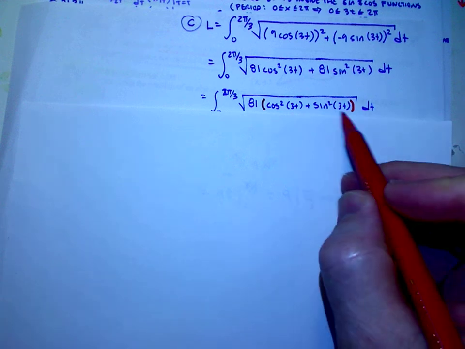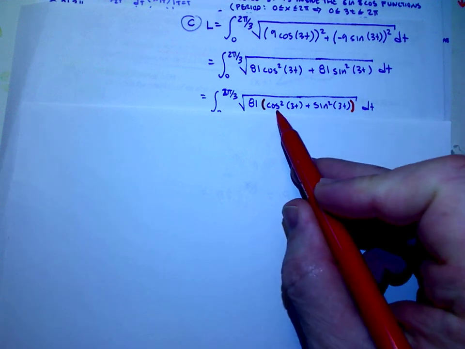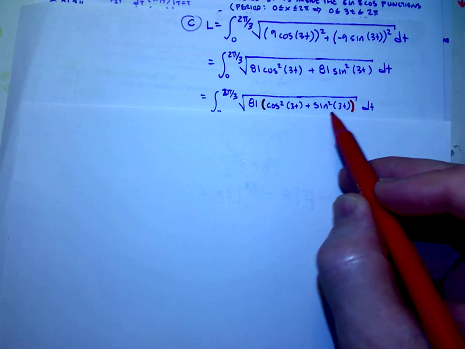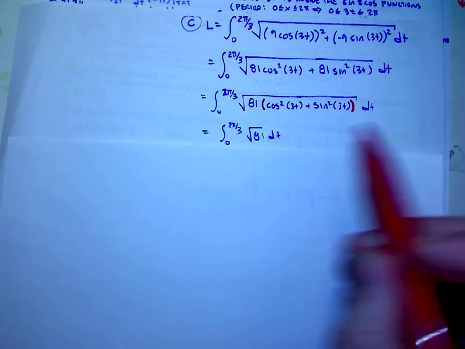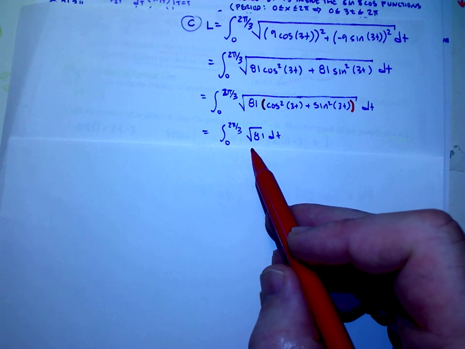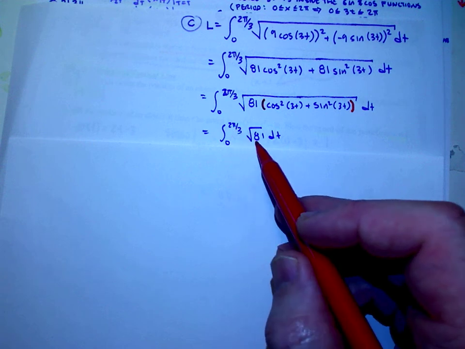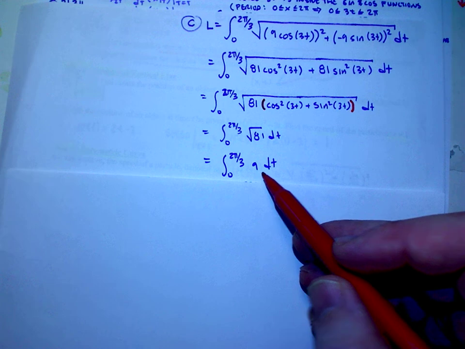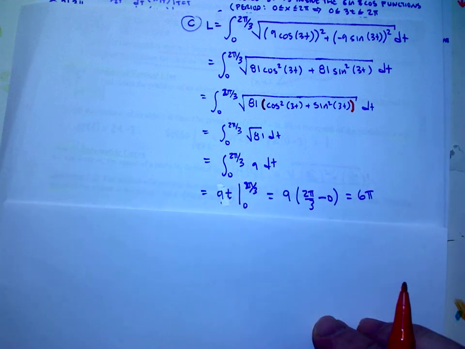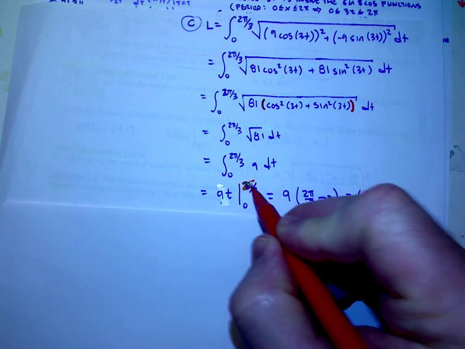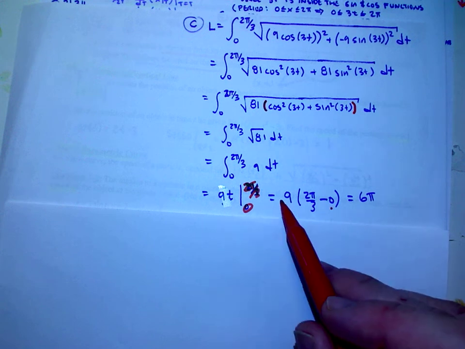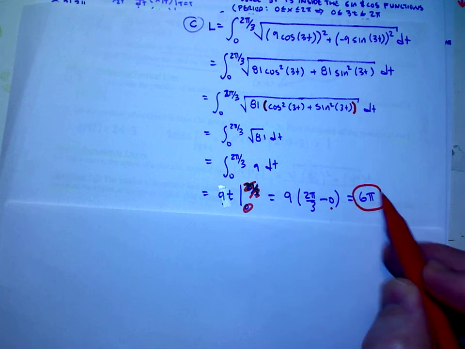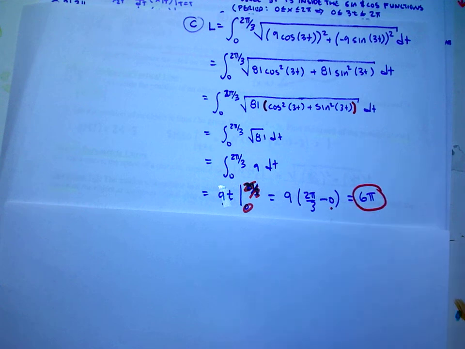Now, the 3t is not going to bother me here because I know that cosine squared of anything plus sine squared of that same thing is always going to be equal to 1, which means we're just going to do the integral from 0 to 2/3 pi of the square root of 81, which of course is just 9. When we integrate that, we get 9t, and we're going to evaluate this from 0 to 2/3 pi. The 0 is nice and easy. Of course, we have 2/3 times 9, which ends up giving us an arc length of 6 pi for this one.